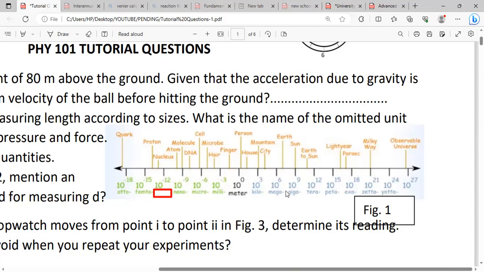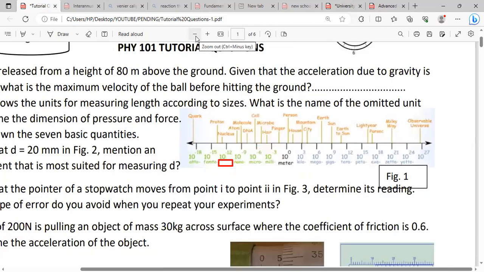So we have to know all these things, and then we memorize them. Giga, 10 to the power 9, tera, 10 to the power 12, and all of that. But the missing name here is 10 to the power minus 12, and the name is pico. Okay, so let's move quickly to another question.